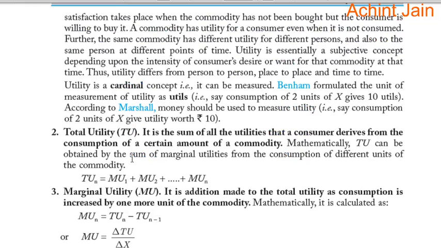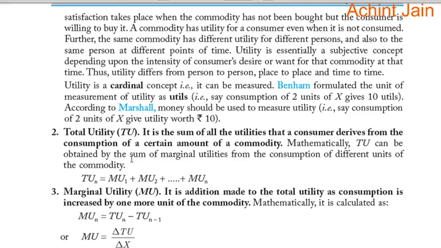According to him, it refers to the measurement of utility in terms of numbers, such as 1, 2, 3, 4, etc. The unit of measurement under this approach is utils. For example, a basket of oranges offers 10 utils of utility to a consumer and so on.